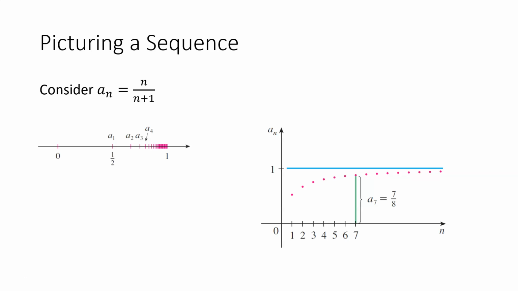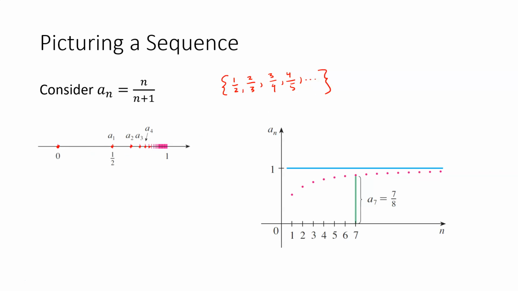To picture a sequence, oftentimes we can imagine it as, for instance, here our sequence an equals n over n plus 1. We can imagine it as a succession of points on a number line. Where here a1, starting at 1, would be 1/2. a2 would be 2/3. a3 would be 3/4. a4 would be 4/5, and so on.